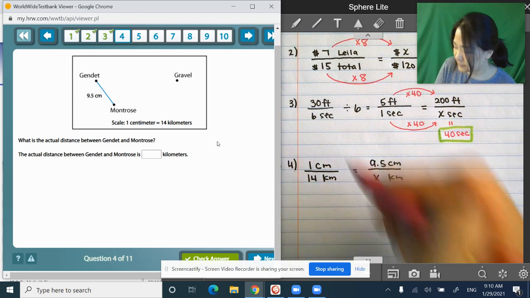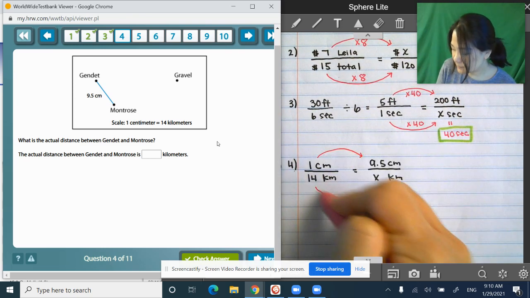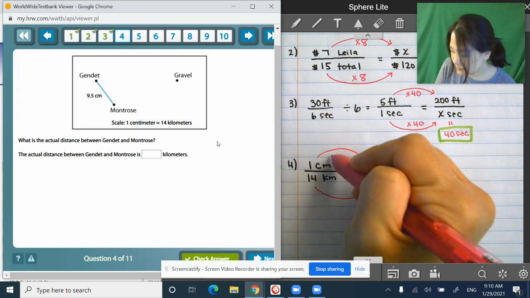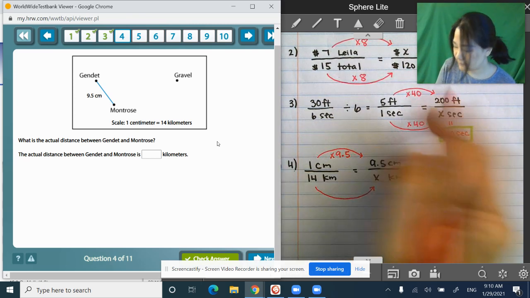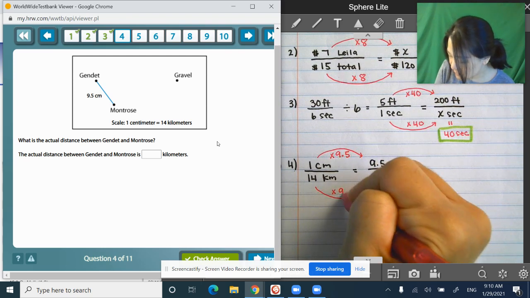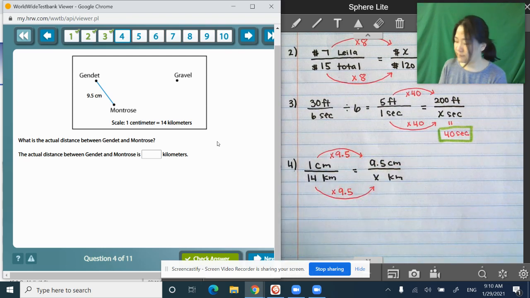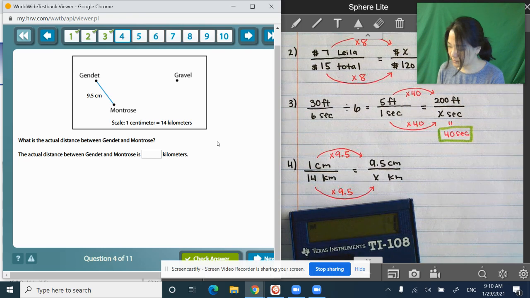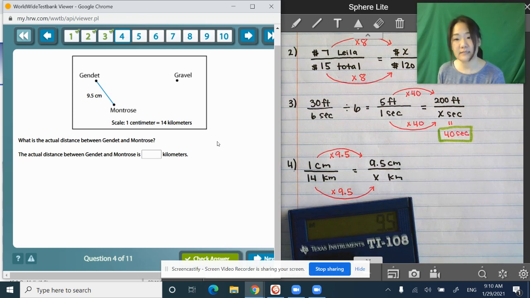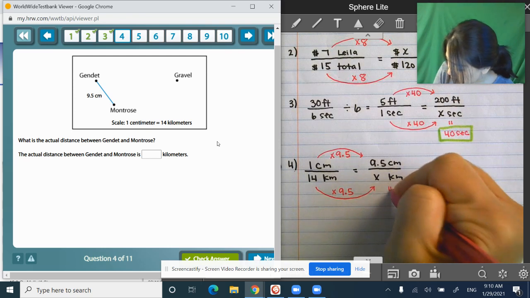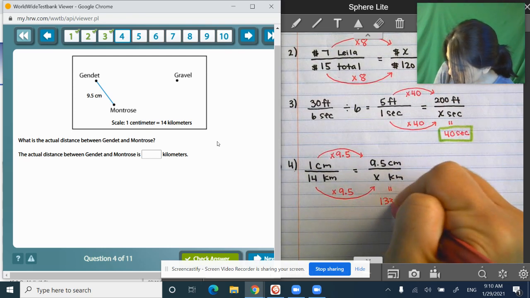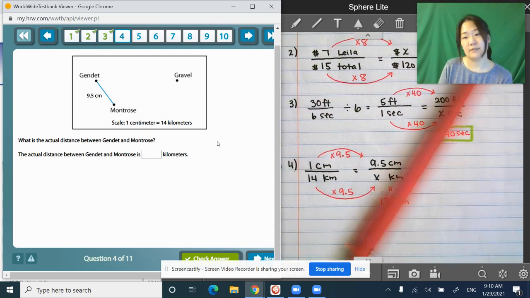To solve, I know that 1 times 9.5 is 9.5. So then you do 14 times 9.5. Let's see. 14 times 9 and 5/10 is 133. So the answer is 133 kilometers.